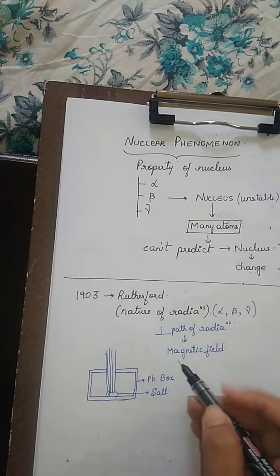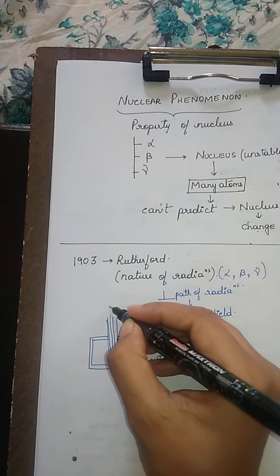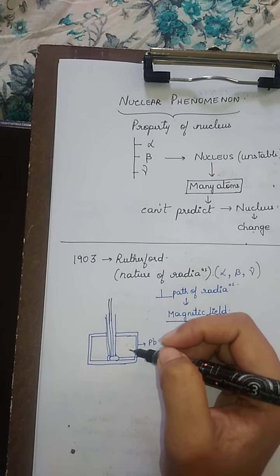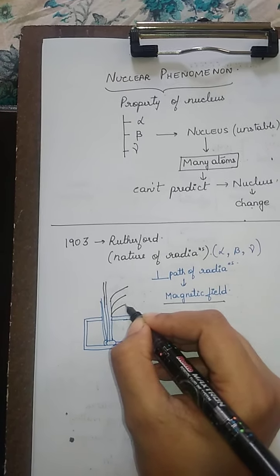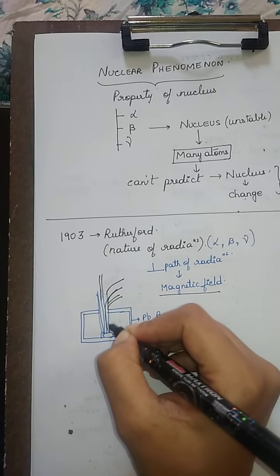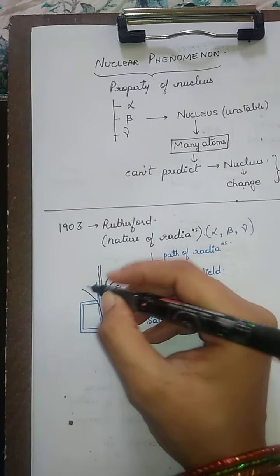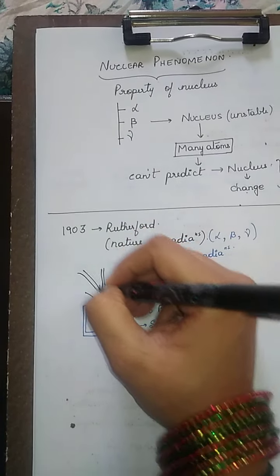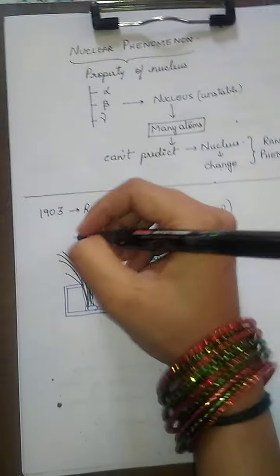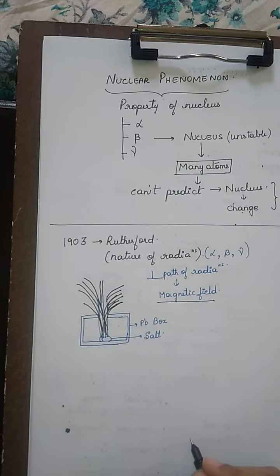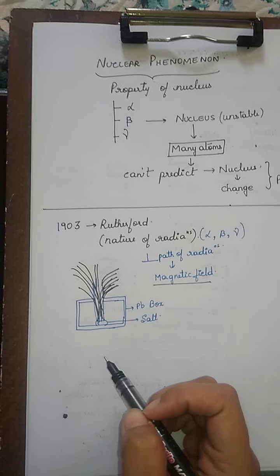Okay, so because of this magnetic field, there were few changes. Some went straight, and some were deviated, one to the right, one to the left, and one went straight.